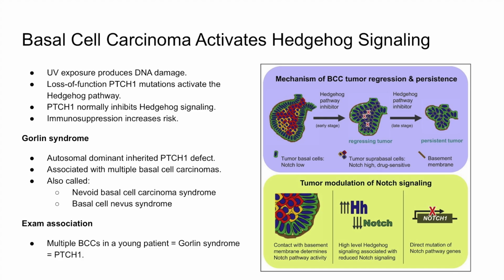An inherited PTCH1 defect causes Gorlin syndrome, also called nevoid basal cell carcinoma syndrome. These patients develop numerous basal cell carcinomas at an unusually young age and may also have jaw keratocysts and palmoplantar pits. The core exam association is multiple early onset basal cell carcinomas, Gorlin syndrome, PTCH1 loss, and hedgehog activation.